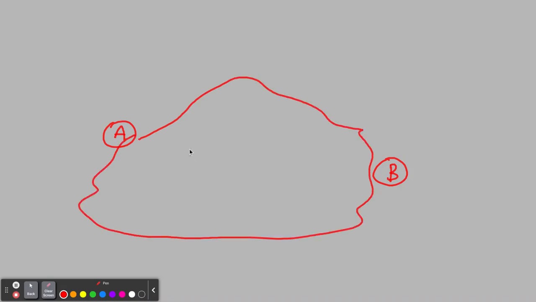So here's point A, and let's say point B is over here. Say there's a lake between them. The road goes like this, kind of hugs the lake, and reaches there. Let's say from A to B, if you take the road, it's 50 miles.